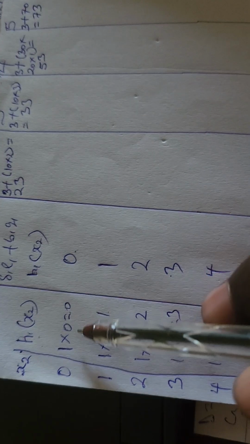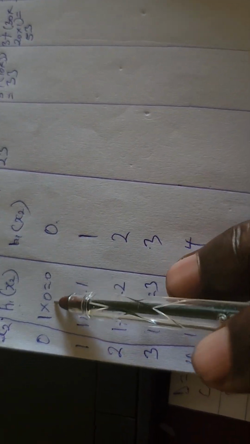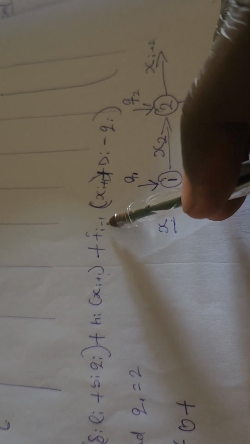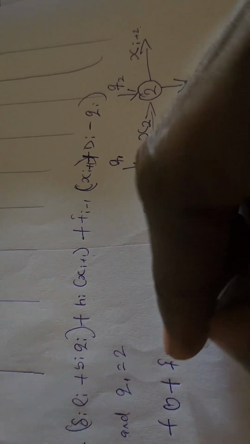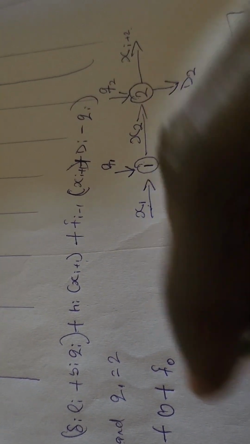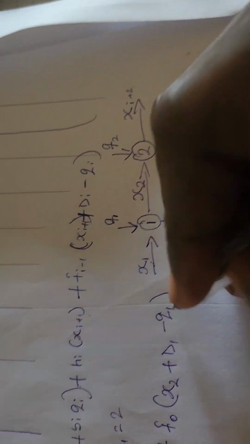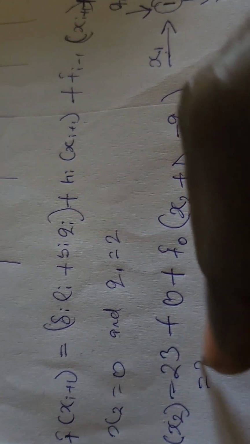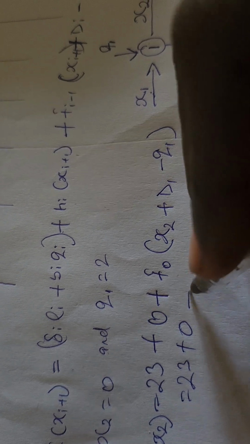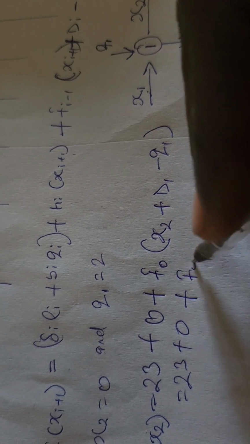So, we actually calculated it here, right? For this particular one, it's going to be 0. So f_{i-1}, that is f subscript 0, and this one will be x2, plus our d1 minus our q1, plus 0 plus f naught.